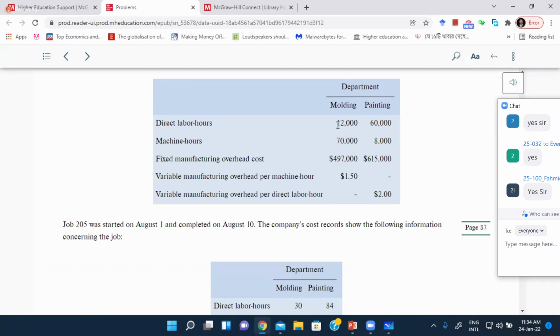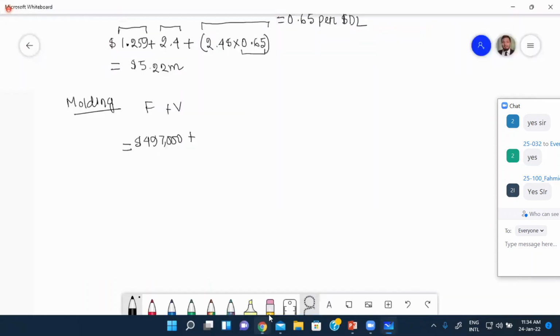The molding department is a capital intensive department, and there's a clear indication that we use the machine hours as activity base for the molding department. That's why the variable portion of the overhead cost for the molding department will be 70,000 multiplied by 1.5. Will it be okay? 70,000 times 1.5 per machine hour variable cost for the molding department.